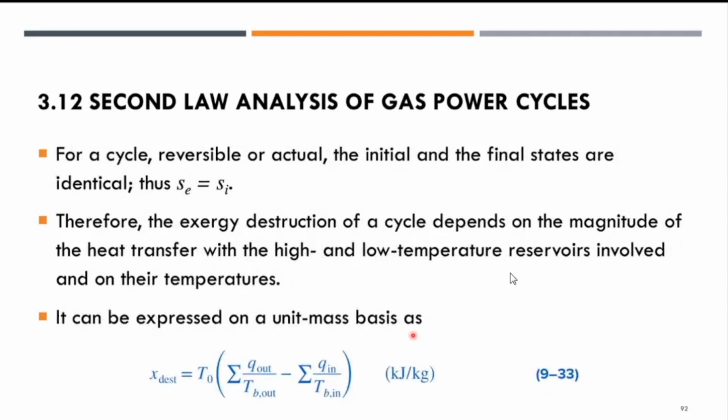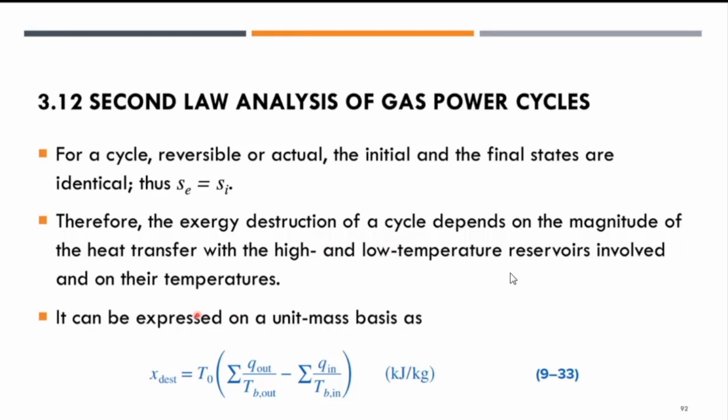For a cycle, reversible or actual, the initial and the final states are identical. So the entropy at the exit equals the entropy at the inlet, and therefore the exergy destruction of a cycle depends on the magnitude of the heat transfer with the high temperature as well as the low temperature reservoir involved, and on their temperatures.